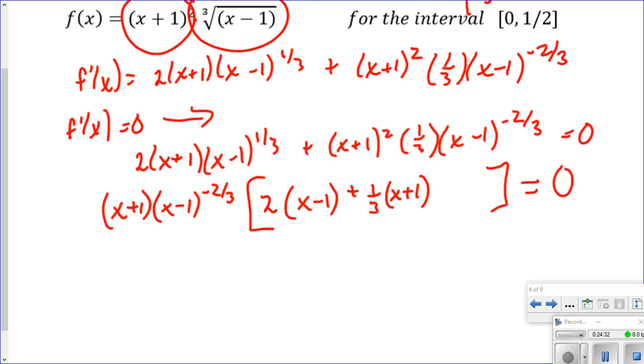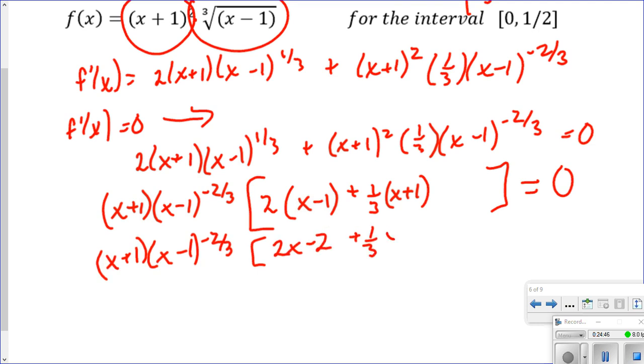Okay, let's clean this up a little bit by simplifying and collecting like terms of the expression that's in the middle. That'll be 2x minus 2 plus 1/3 x plus 1/3 equals 0. Take that one step further.